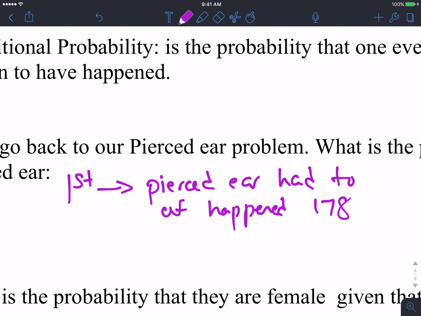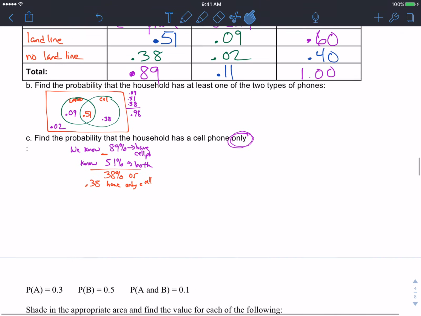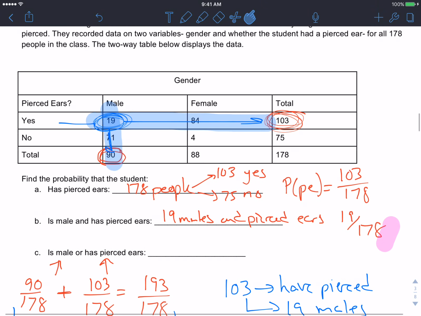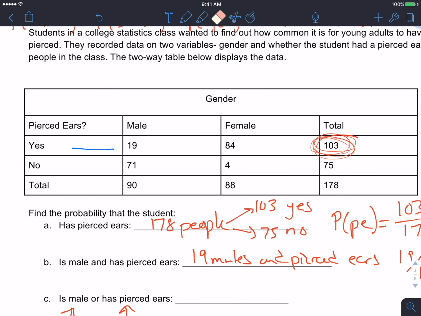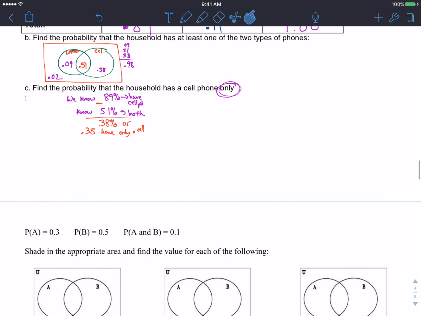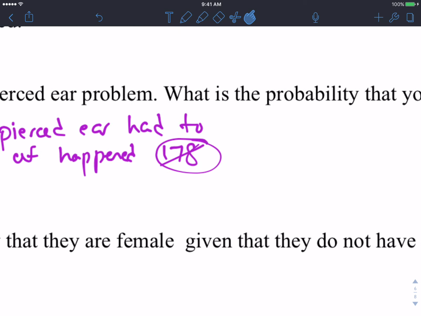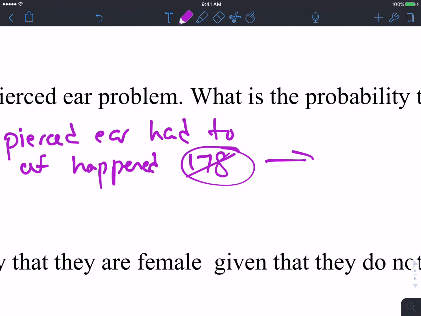So my total isn't 178 anymore, because I'm saying that this pierced ear had to have already occurred. So if I go back up, and of the pierced ear people that said yes, notice that I have a total of 103, and how many of those are males is 19. So our new total is 103.